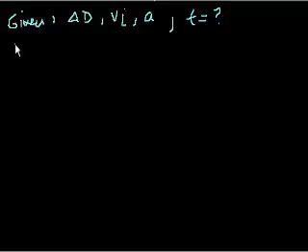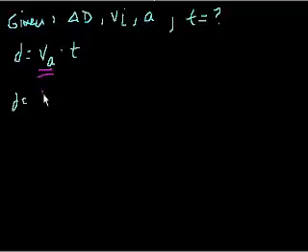So let's start with the simple formula. Distance, or change in distance, I'll use them interchangeably. Distance, I'll use a lowercase d this time, is equal to the average velocity times time. And what's the average velocity? The average velocity is just the initial velocity plus the final velocity over 2.